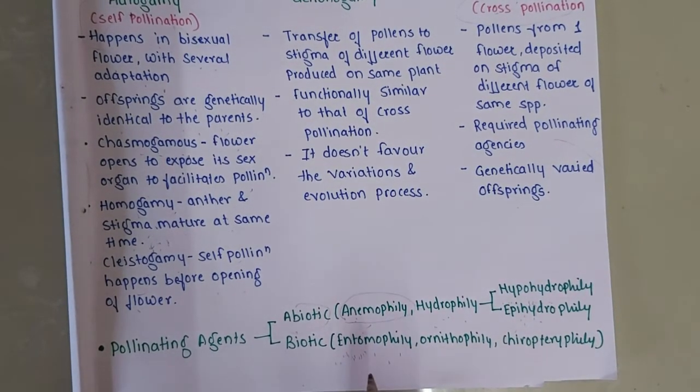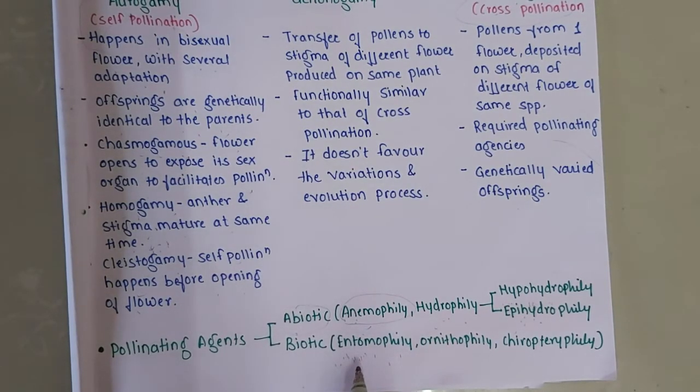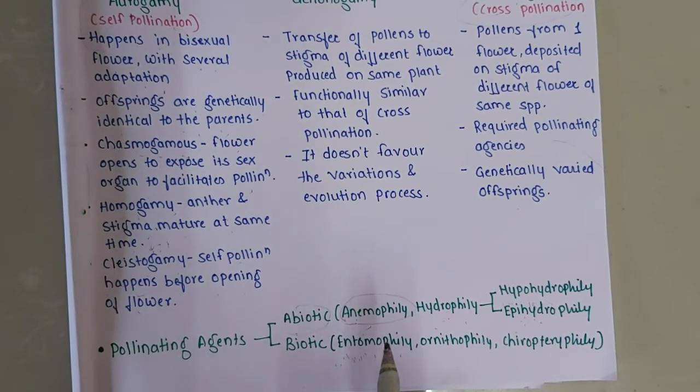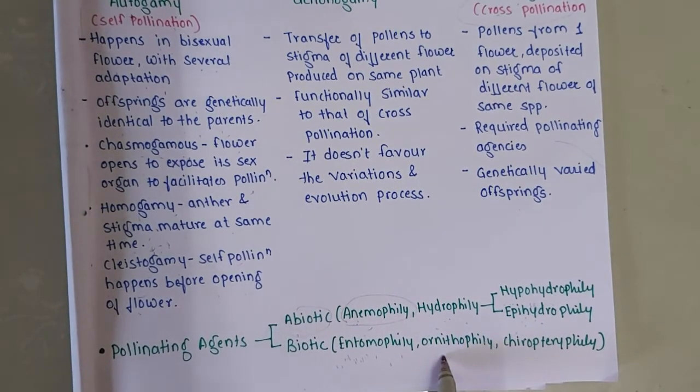Okay, so the examples they have given are rose, jasmine, etc. These are insect pollinating plants, and they have given the adaptations of that flower. You just read it out from your textbook. Next type is what? Ornithophily.